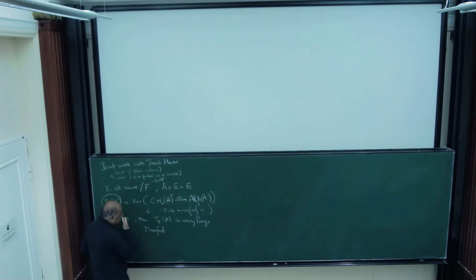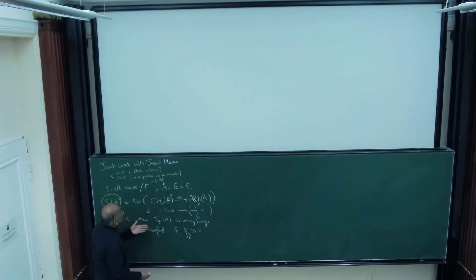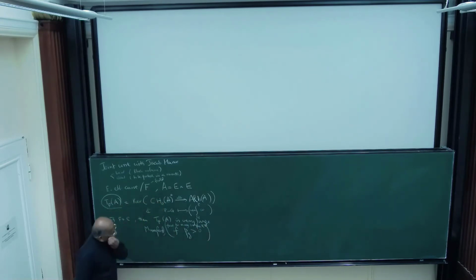And if the p_g is positive, that is true for any surface, but of course here for an abelian surface this is certainly true. So maybe I should say, true for any surface X if p_g is positive. And of course if p_g is 0, the conjecture of Bloch says... So what is true?